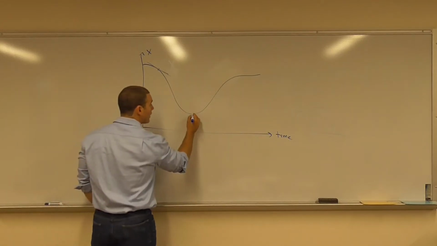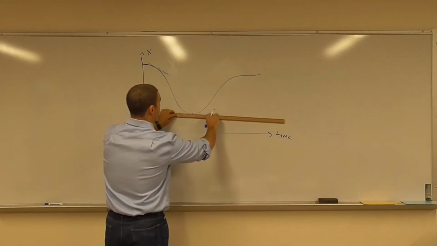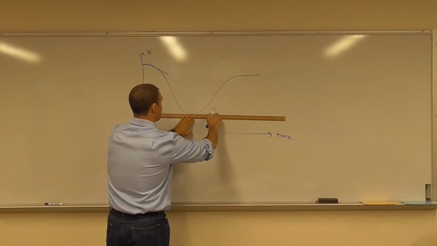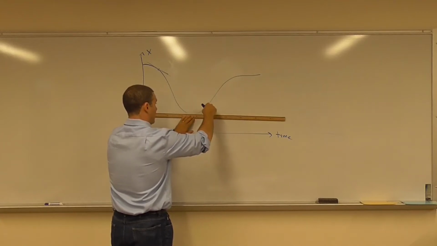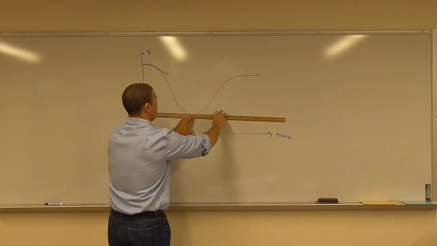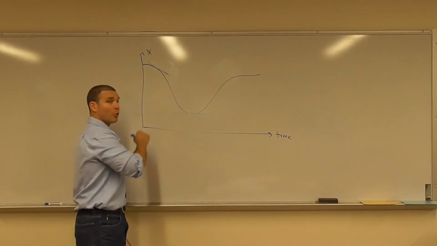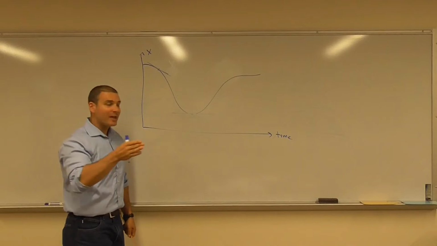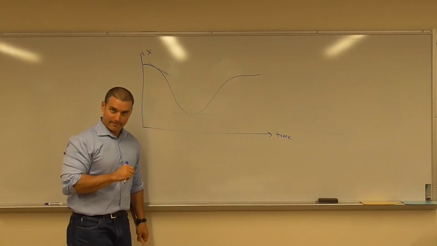Whereas if I wanted to look at the velocity in the x direction down here, I do the same thing and draw my tangent line. What we see here is that the slope is 0. It's a straight line. This makes sense because at this point, the x position is instantaneously not changing.